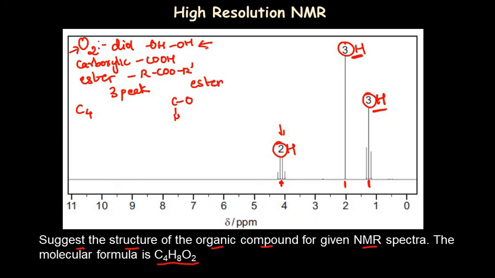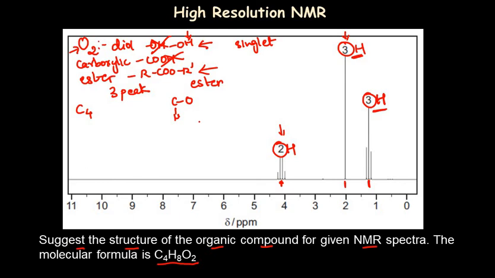The reason is that, as we have already seen, if there are 2 hydrogens of alcohol groups, it should produce 2 different singlets, but here we have got only 1 singlet. So that again reduces the possibility of 2 alcohol groups. The carboxylic acid has also gone. So now we are left with only 1 possibility, and that is the ester group.